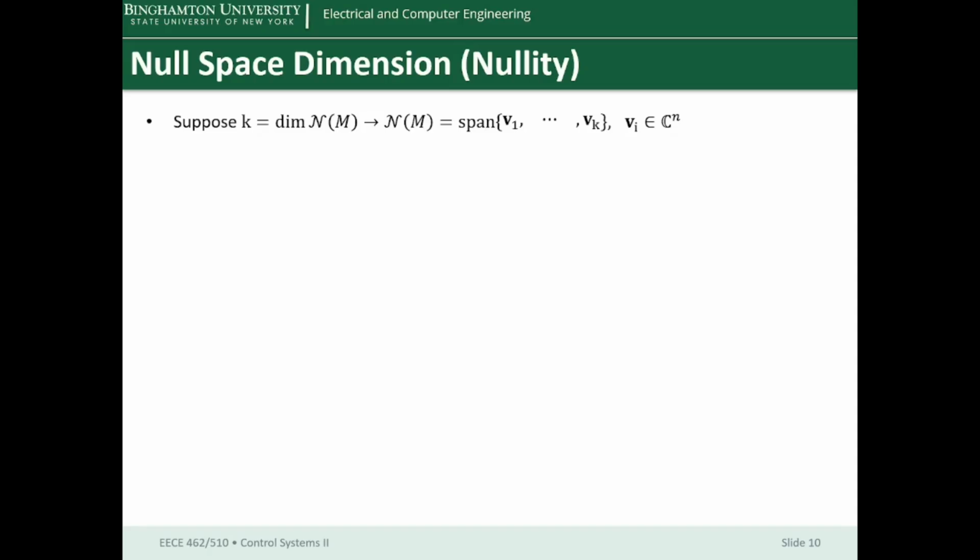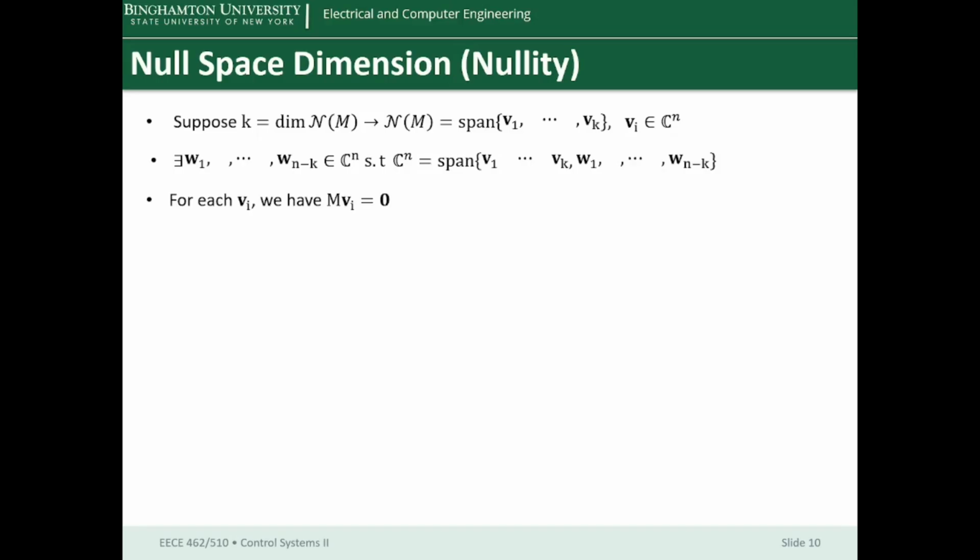Since the null space is a subspace of C^n, there exist k linearly independent vectors in C^n that span the null space of M. Because C^n is itself an n-dimensional vector space, we can also define an additional set of n minus k linearly independent vectors, w1, w2 to w_{n-k}, that complete the basis of C^n. For each v_i, we have M v_i equal to 0.